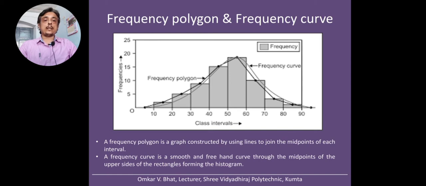So here I am taking one sample of histogram in order to explain frequency polygon and frequency curve. You can see in the chart one histogram is taken, and from the histogram let us define frequency polygon and frequency curve.